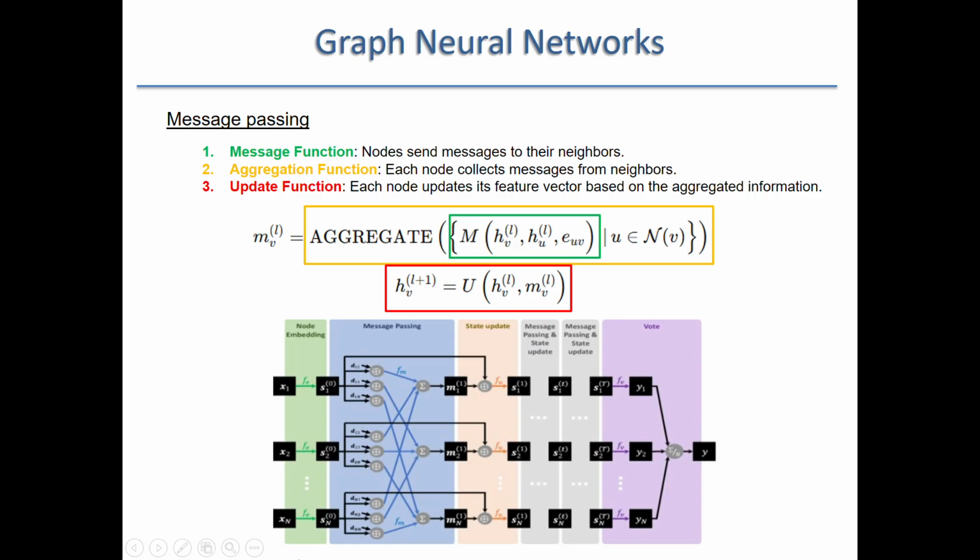Then you construct the messages, and then you collect all the messages here, and you update your function. So you have three important functions, and those are the ones that you learn: the node embedding, the message forming function, and the update function.